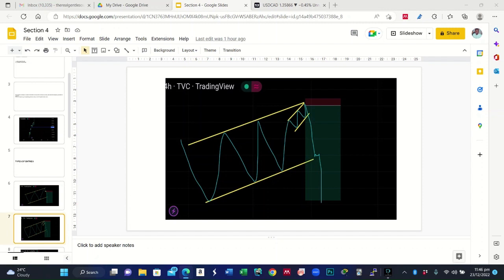When you see a rejection candle, remember under the candlesticks, I taught you about some candlesticks that you are going to be using at some particular area. This is the type of area I'm talking about. The type of area where market is meant to reverse. So you know this is first touch, second touch, and third touch. After the third touch, you are expecting a reversal. Then there's another small structure inside here. So it means there's a high probability that this will play out.